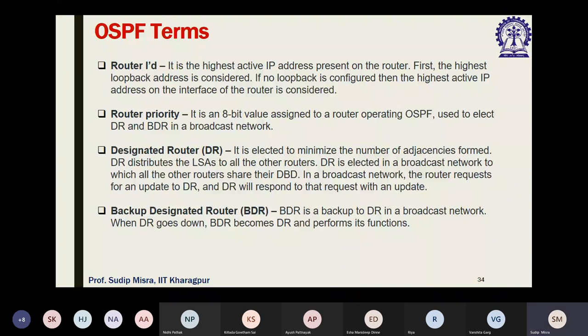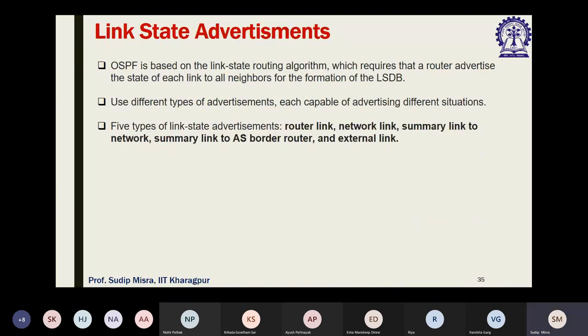The DR distributes the link state to all the other routers, and the DR is selected in a broadcast network to which all the routers share their DBD. So these things you go through. I'm not going through each of them, but these are simple things to understand. The main concept I have told you. LSA is link state advertisement.